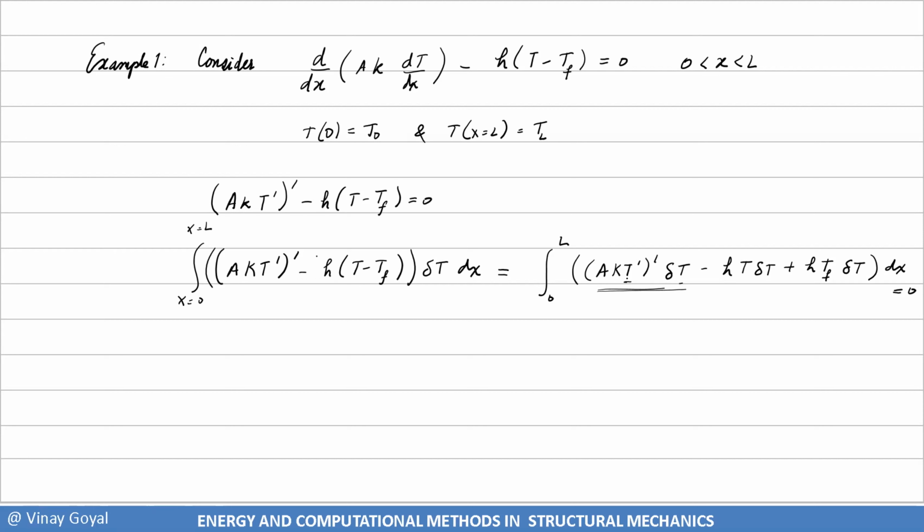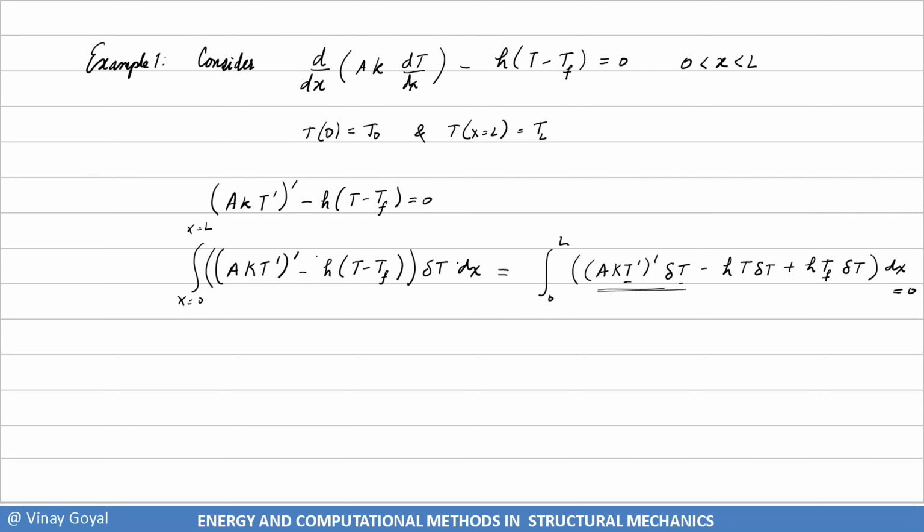Clearly, the variable of interest is T because I'm trying to solve for the temperature T. So my first step is to integrate by parts, del T. Again, my goal is to bring an equal number of derivatives to the left and the right. I have a prime there now, and a single prime on the right, so that should be enough, plus, minus.